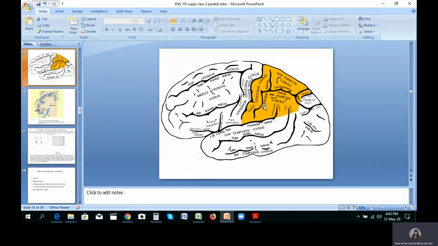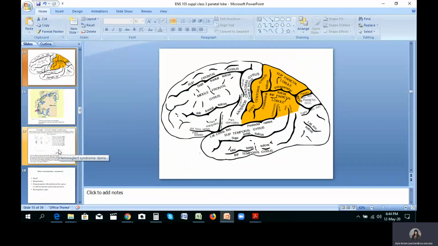For example, think about this inferior parietal lobule here. If there is damage to this region, usually the spatial perception of the contralateral side is ignored, is distorted.